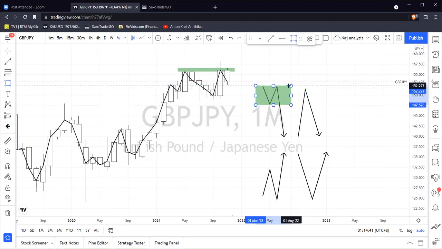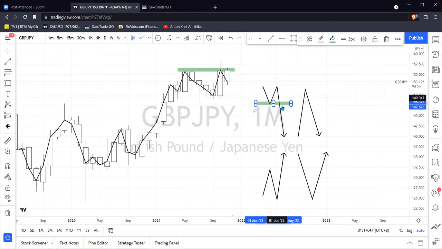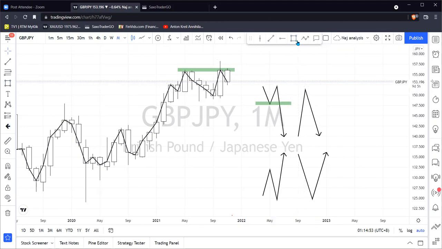But it really depends. If the zones are big, then I'll just mark it like this, just mark on the breakout, because at the end of the day, what we want to know is what the price is doing in here, the direction.